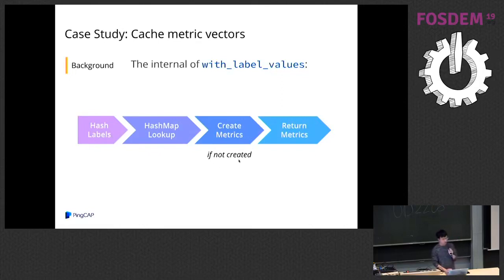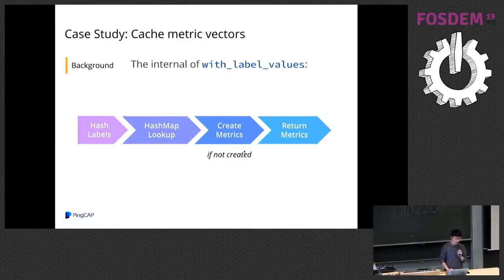If you have already used this label value, the hash map entry exists, so it can just return it to you. And if this label value is fresh, you have not used it before, it will create a new entry. So it's just an atomic variable initialized with 0.